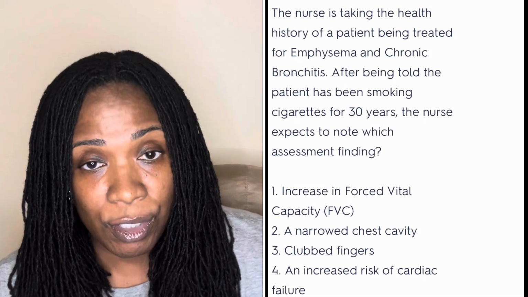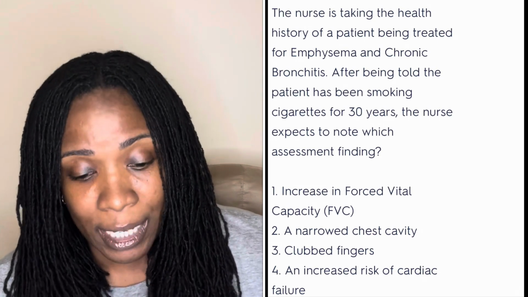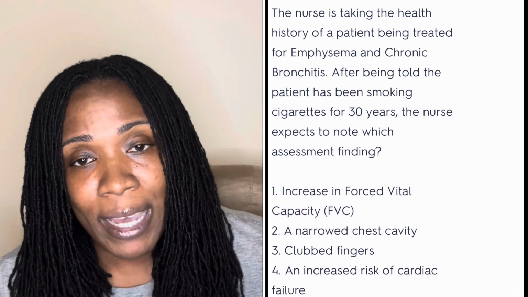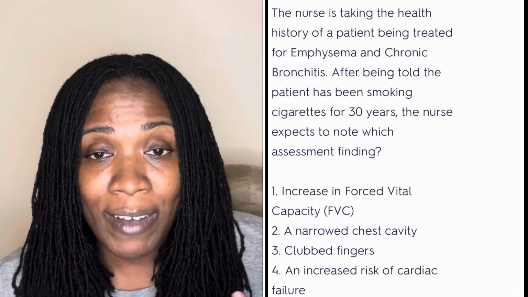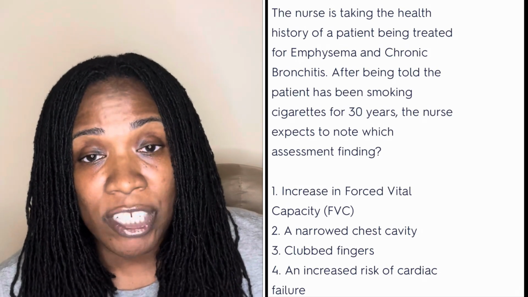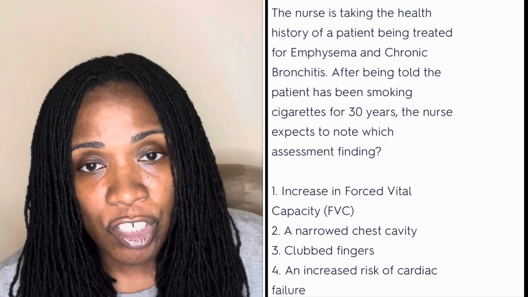Two of these answers we should be ready to execute, as they are not correct answers. Increased forced vital capacity means the maximal amount of air that your patient can let out after inhaling. How much air can your patient push out?